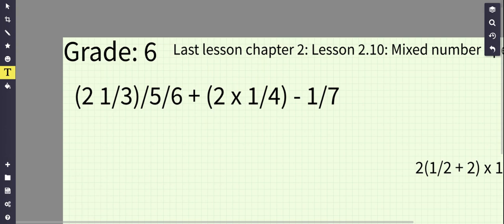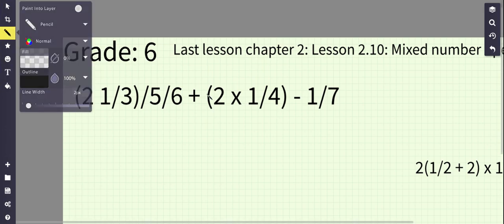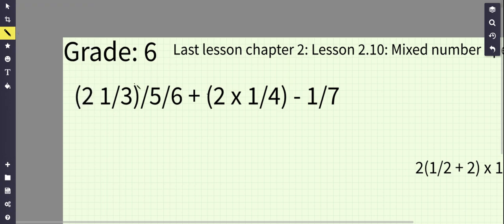Let's just get started with the lesson. I see that we have a little complex stuff, so let's just break it down into one fraction.